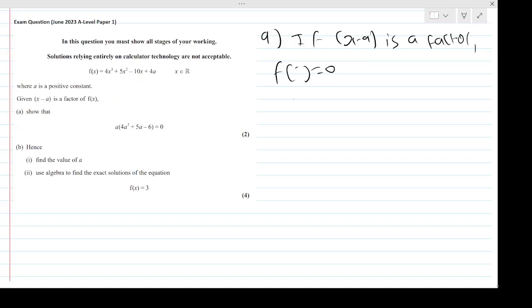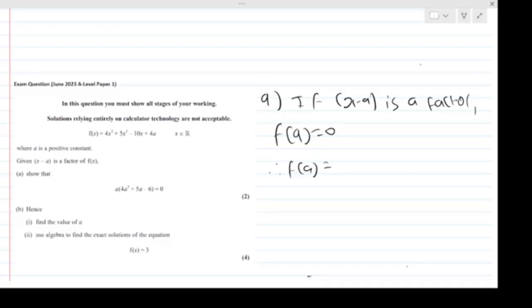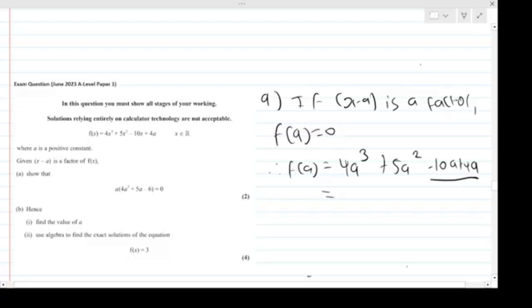So f of a will be 4a cubed, obviously x replaced for a, plus 5a squared minus 10a plus 4a. But actually, we can simplify that because I can collect the a terms, giving 4a cubed plus 5a squared minus 6a. And that's going to equal 0 because a is a root.